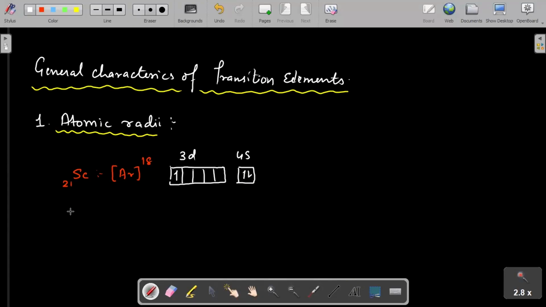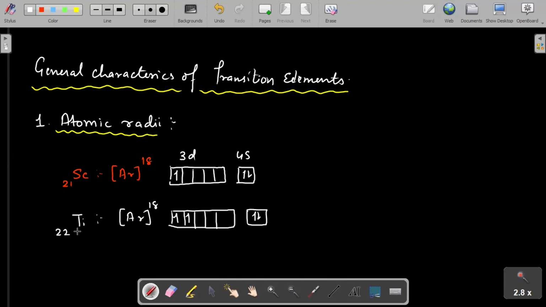After vanadium, let us talk about titanium. Here it is argon configuration with 4s2 and 3d2.